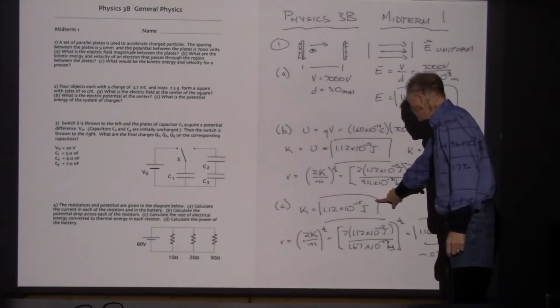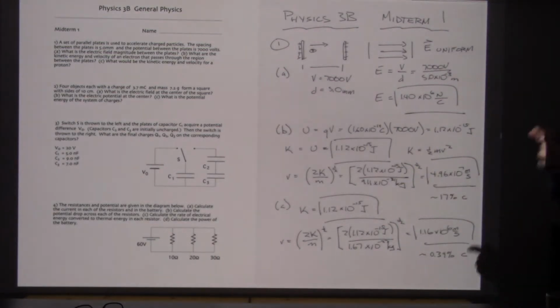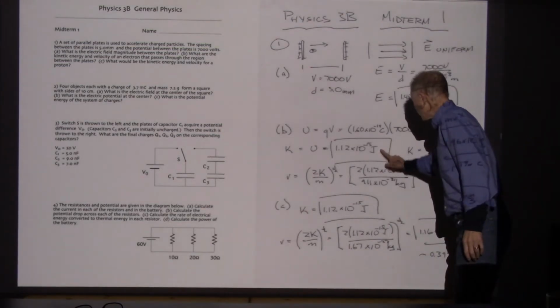The kinetic energy is going to be the same, because the voltage difference is the same between the two plates, and the charge on the proton matches the charge on the electron. They have opposite signs, but that only shows up in terms of the directions of acceleration. And so the amount of kinetic energy that the proton acquires matches. These two numbers are the same.